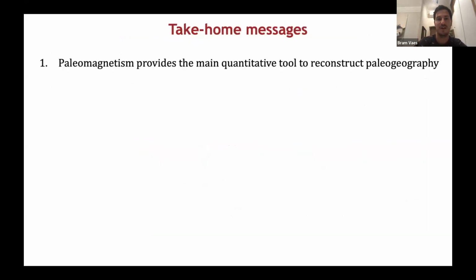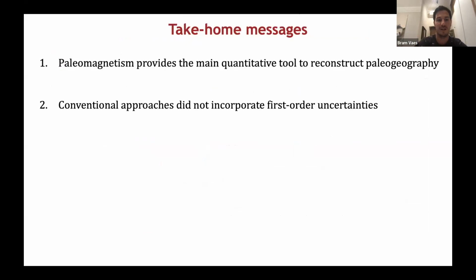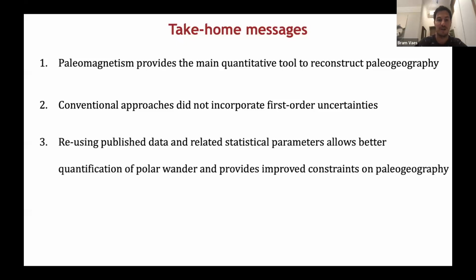Right, some take-home messages. So paleomagnetism provides the main quantitative tool to reconstruct paleogeography, and conventional paleomagnetic approaches did not incorporate many first-order uncertainties. But by reusing published data and using existing databases and data infrastructures, we can better quantify polar wander and better constrain paleogeography using paleomagnetism.